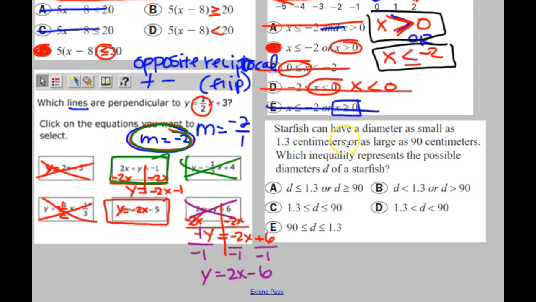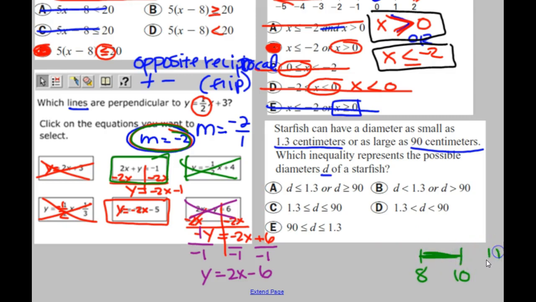Next, it says starfish can have a diameter as small as 1.3 centimeters or as large as 90 centimeters. Which inequality represents the possible diameters of a starfish? Now this word in the middle is a little misleading because, for example, if I said my shoe size was between an 8 and a 10, well, it would be somewhere in between, right?